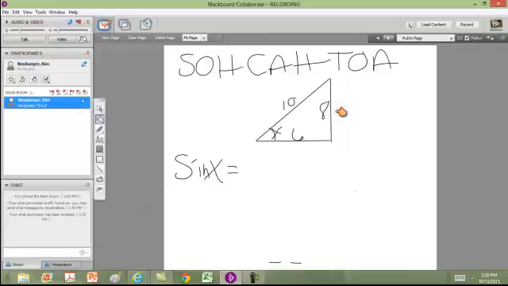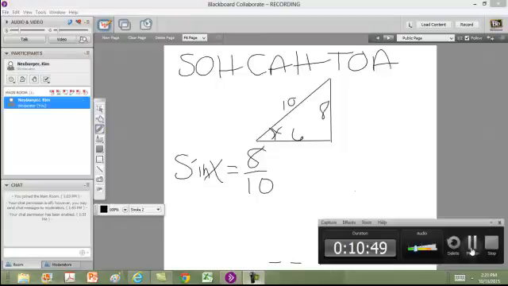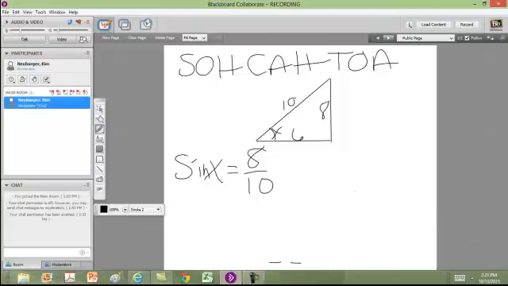So opposite is 8 and hypotenuse is 10. So we're doing 8 over 10. Now when we did this before, you noticed that we had to reduce this. You do always want to reduce these to simplest form. So if you divide the numerator and denominator by 2, this becomes 4 over 5.